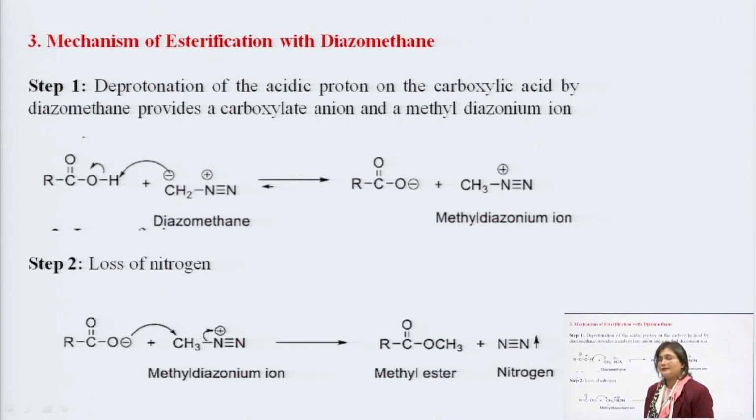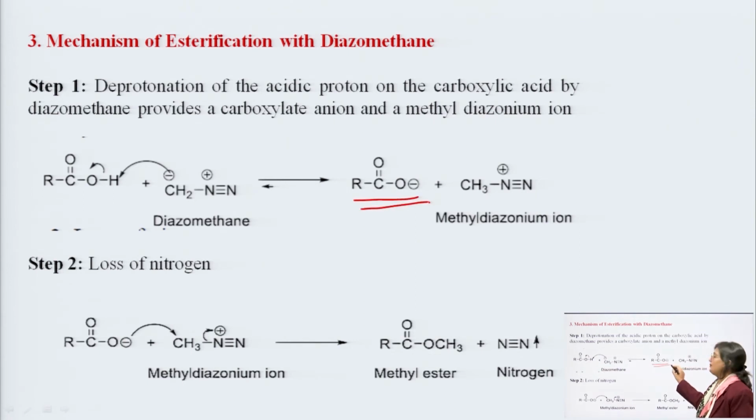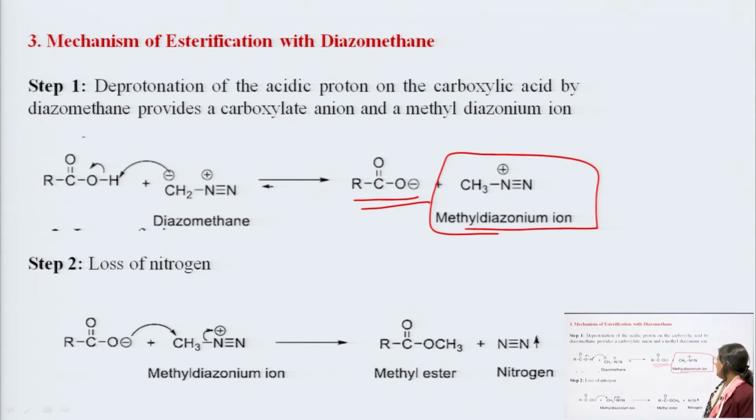So, what is happening here is, first this carboxylic acid loses the acidic proton, or deprotonation happens, forming RCOO minus, a carboxylate ion, and a methyl diazonium ion. The next step is loss of nitrogen. So, RCOO minus leads to loss of the nitrogen atom, forming a methyl ester.